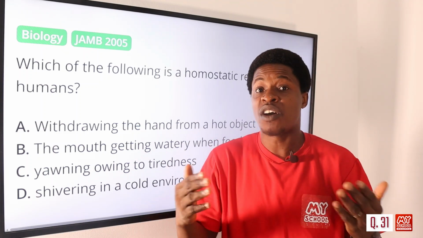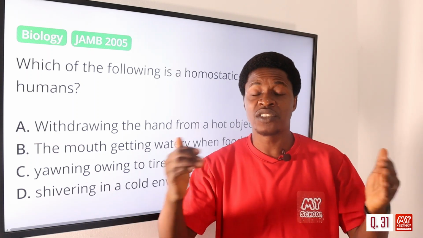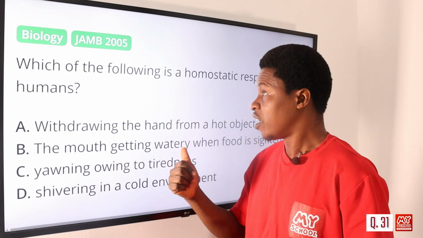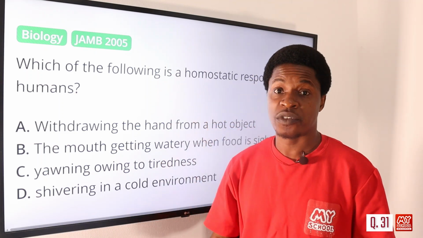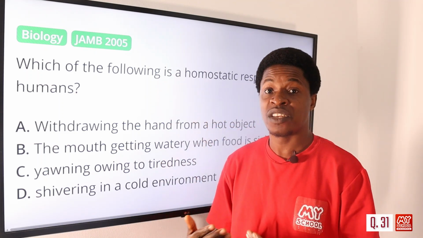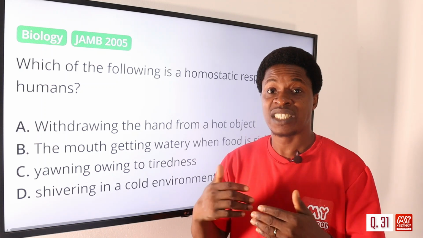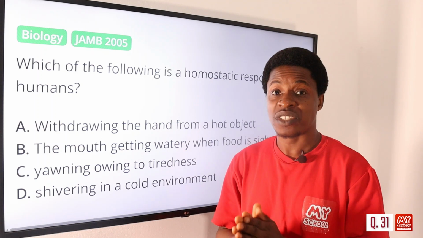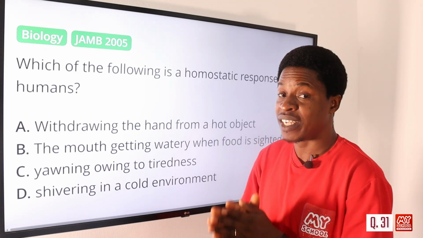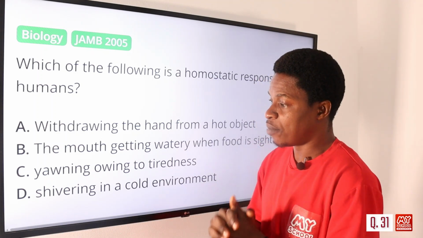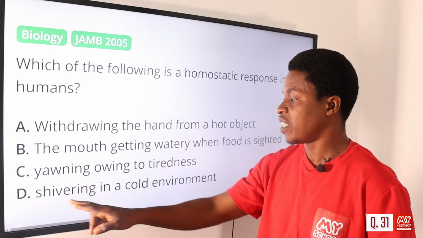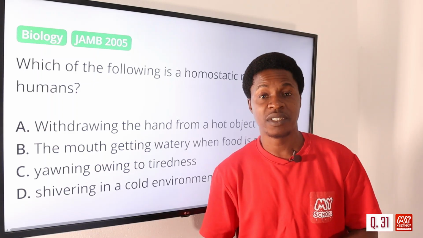And if it is hot, like I said earlier, changes in temperature are an effect of homeostatic response. When you are feeling cold or hot, the internal environment's temperature is regulated such that it can be balanced, and the organs can respond. So the correct option is option D, shivering in a cold environment.